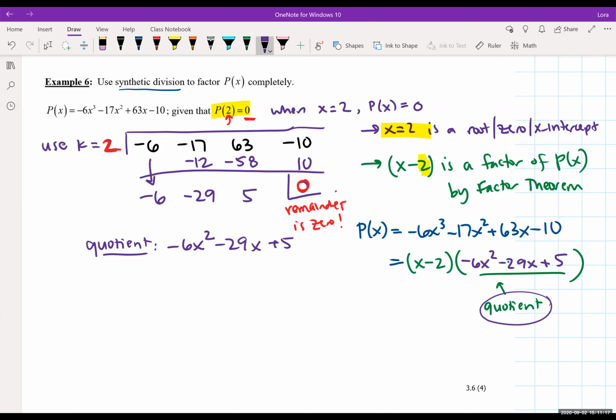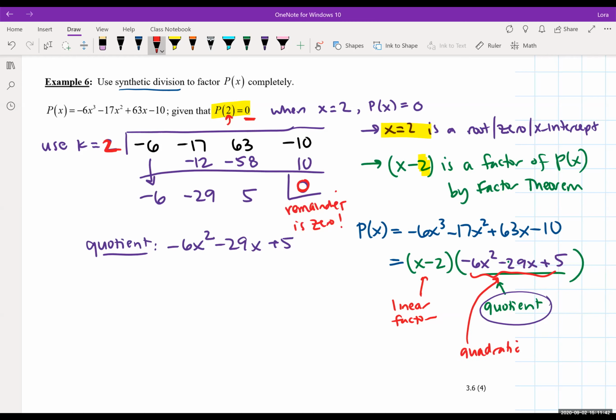Now, we're pretty much good to go. Notice there's 2 things to pay attention to. We do have a linear factor based on the information that they gave us with the 0, p of 2 equals 0. But this right here, see if I point to it, whatever we just found is actually a quadratic factor.